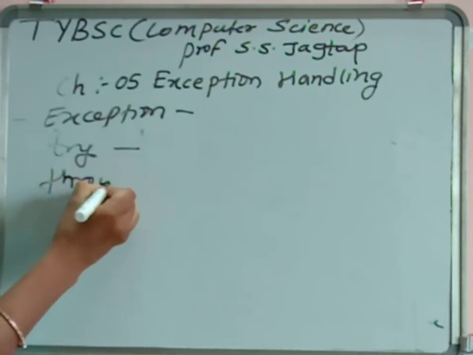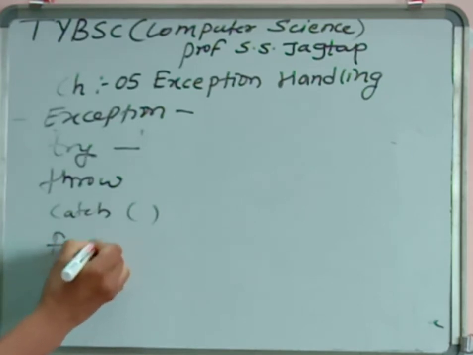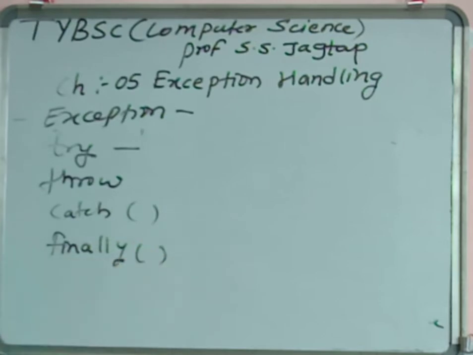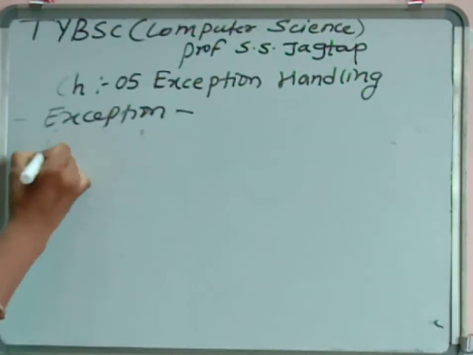The second is throw, which informs that an error has occurred. The third is the catch block, which receives the error that occurred, and last is the finally block, which handles the exception by taking the correct action.